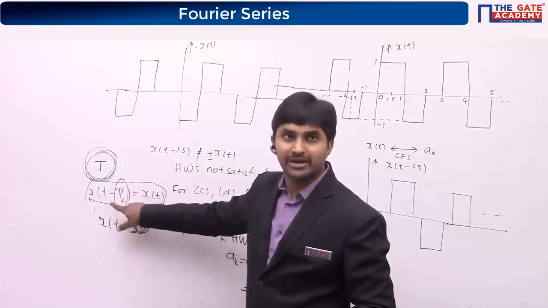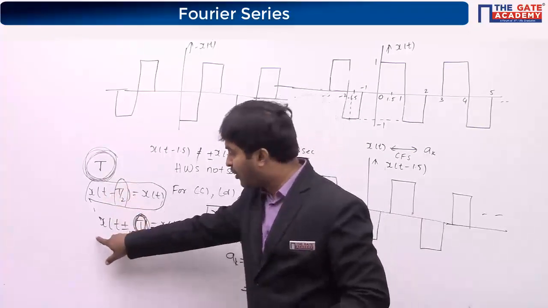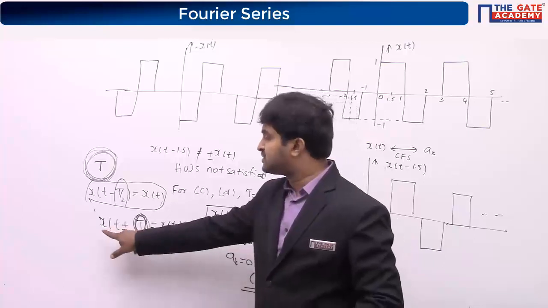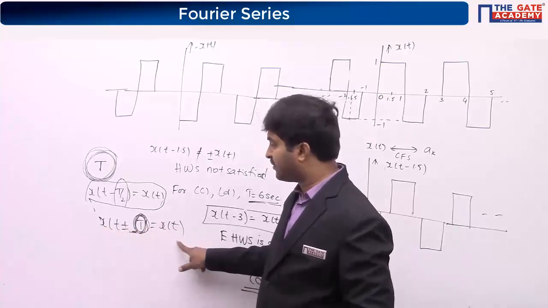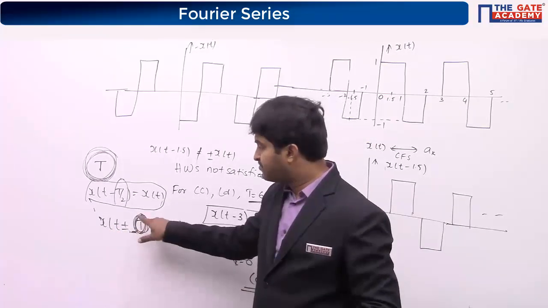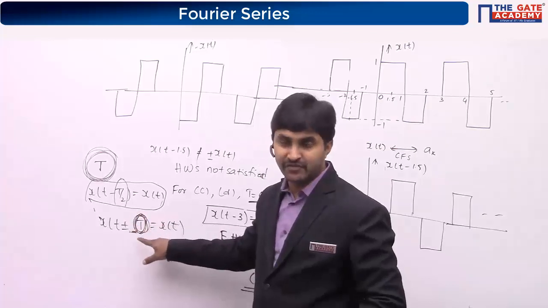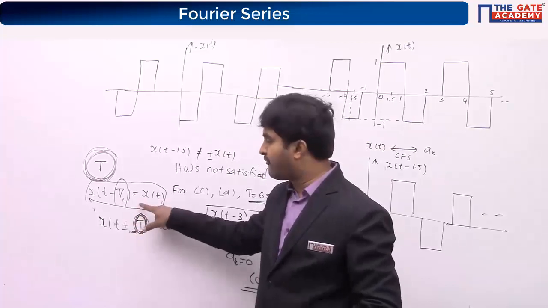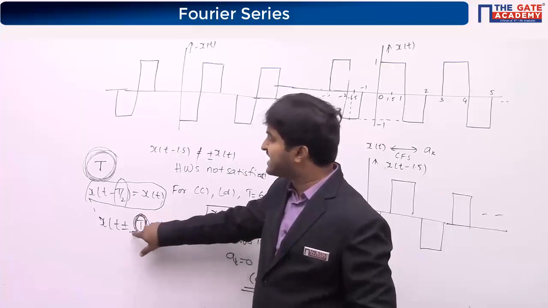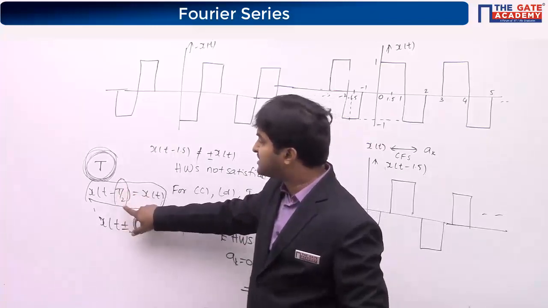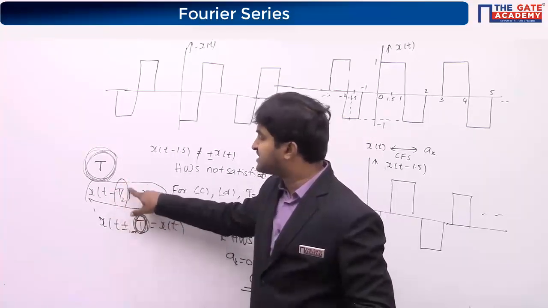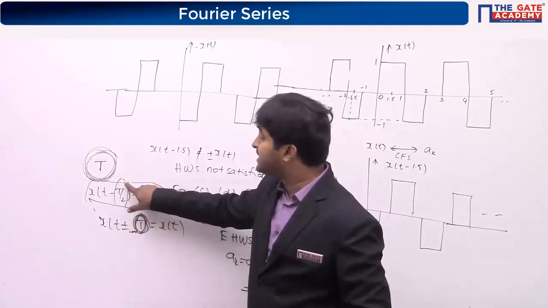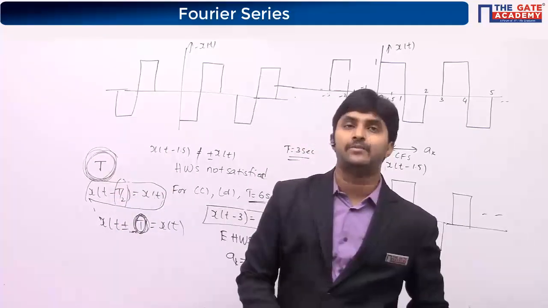It means your fundamental time period is going to be T by 2, because according to the concept of periodicity, x of t plus or minus kT, if it is equal to x of t, k is equal to 1, then you are going to have a fundamental time period. If k is equal to 1, then only you are going to have a fundamental time period. So if it is satisfying for T by 2, it means that now T by 2 will be the fundamental time period.